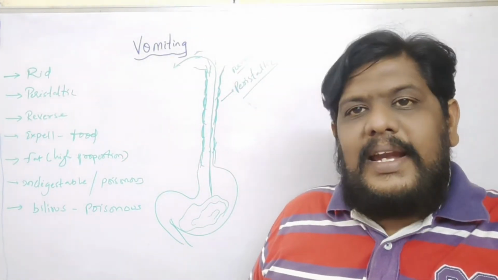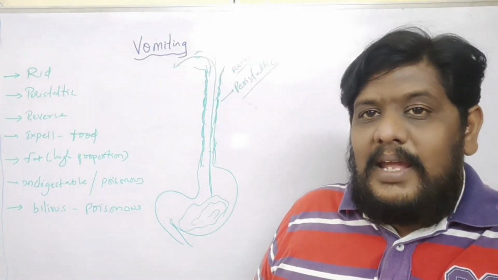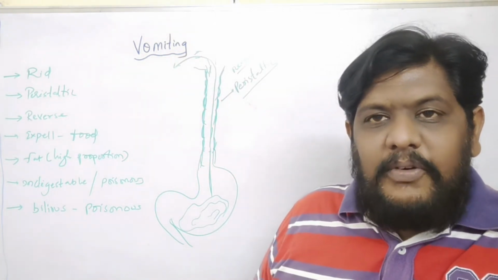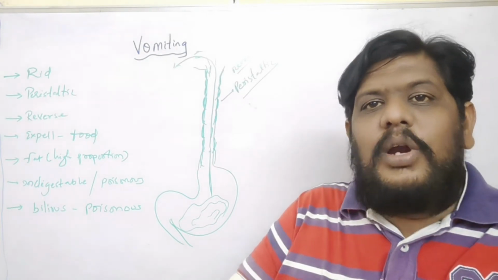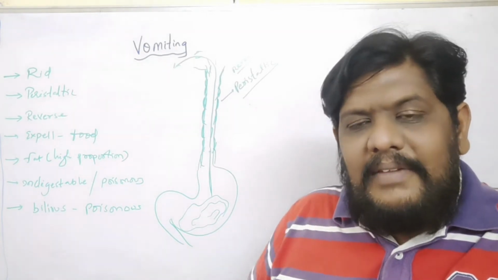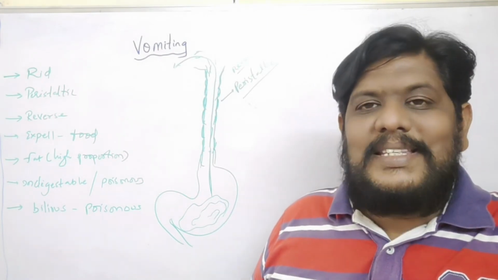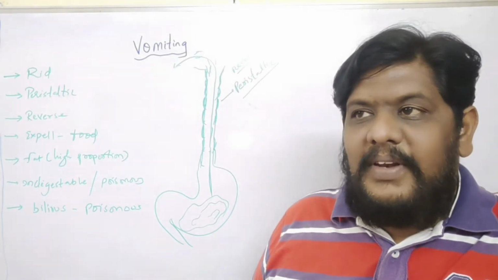You'll keep on eating that till the time you vomit, because your belly will be full and there will be no place for the food to get digested. It cannot move, so it will become very heavy, and you have to vomit it. The sensation comes out and you will vomit it, and then you will start feeling better.